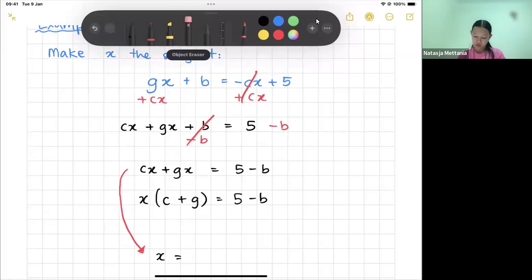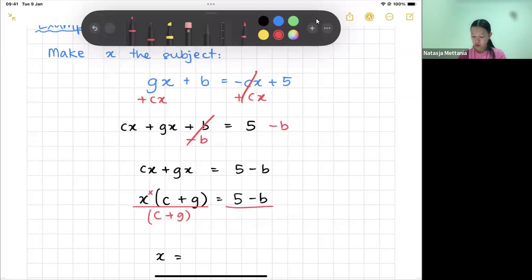Simple. Now, I know that between x and that bracket there's an invisible multiplication sign. So for me to get from x multiplied by c plus g to x equals something, I need to divide. I need to get rid of this c plus g by dividing.